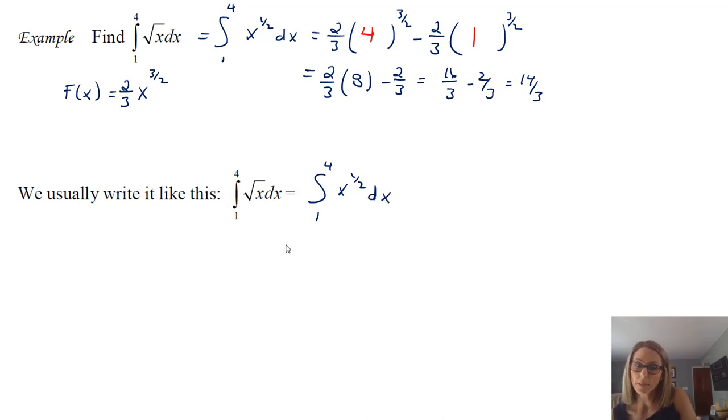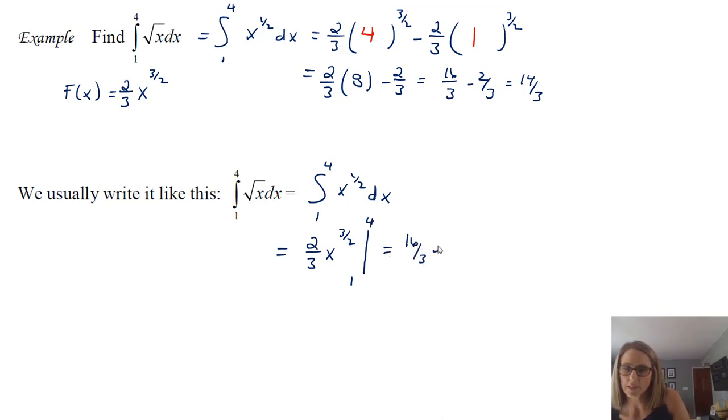But then typically what we would do is take that antiderivative, so 2/3 x to the 3/2, and then draw this line, which indicates our limits of integration, but we've already done the integration, so we're not using the integration sign. And I have from 1 to 4, so that's just telling what I'm integrating to and from. And then we put the values in, like we already did, and we'd have 16/3 minus 2/3, and that's going to give us 14/3.